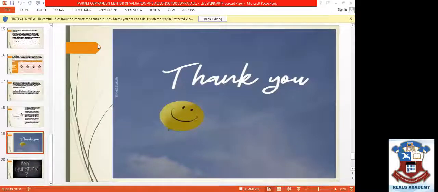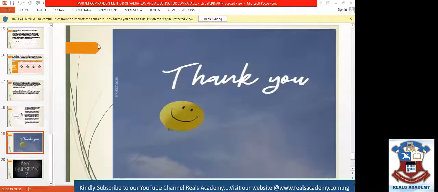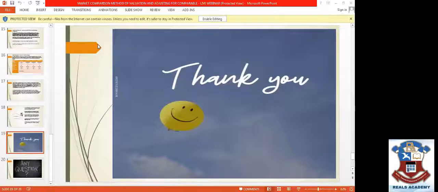And I want to particularly appreciate Rails Academy, right from the director of studies to the smallest person in that organization, for the wonderful job they are doing to make this happen.